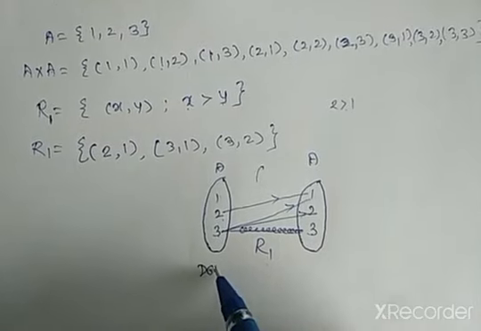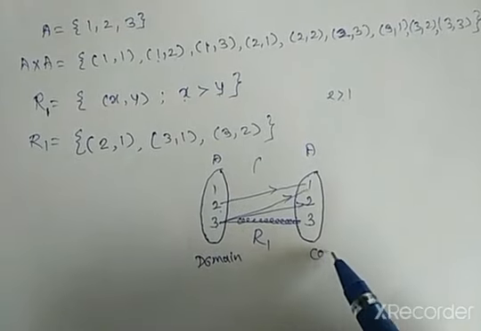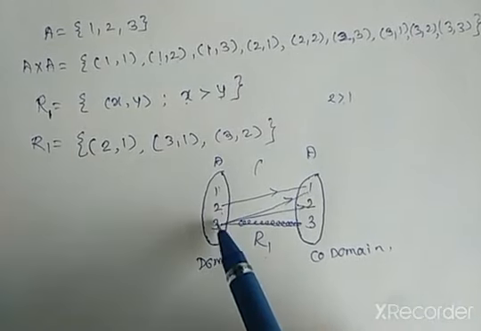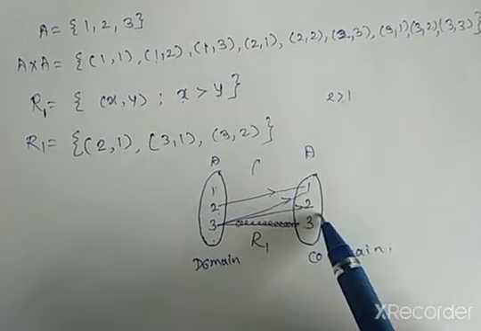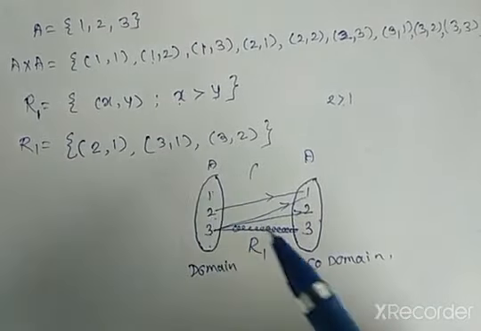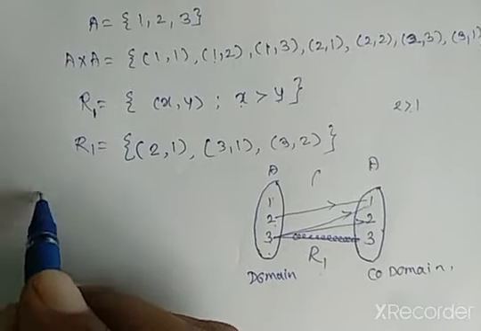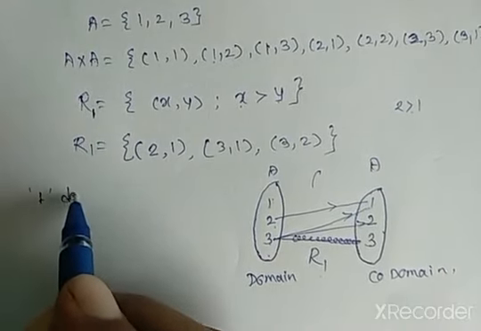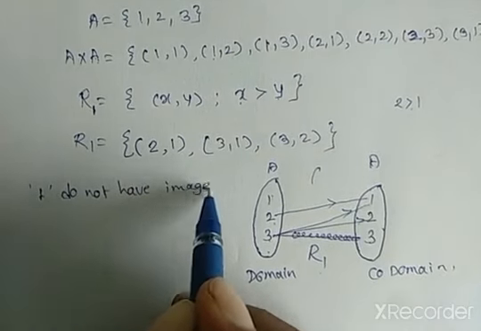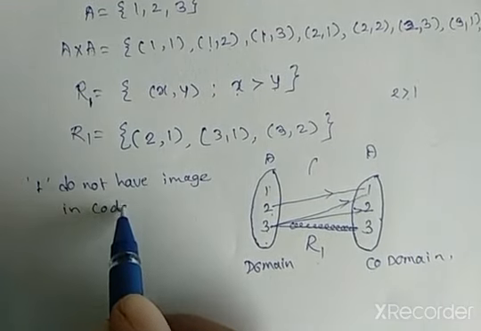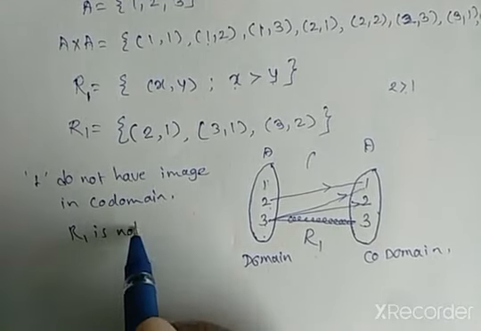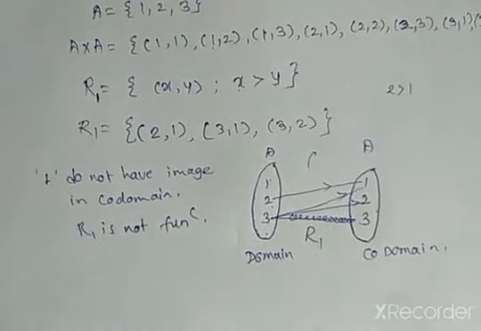We have to check whether each element of the domain has an image in the codomain, and only one image. In this, 1 does not have an image in the codomain. So R1 is not a function.